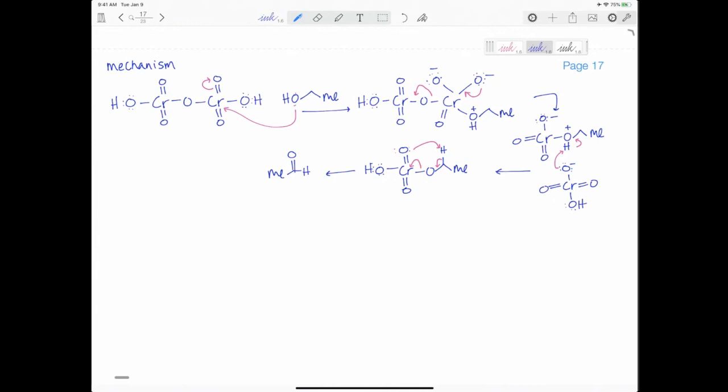All right, let's see. You get this plus this chromium intermediate here. So you would have two carbonyls with one alcohol. Oh, sorry, two alcohols with one carbonyl.